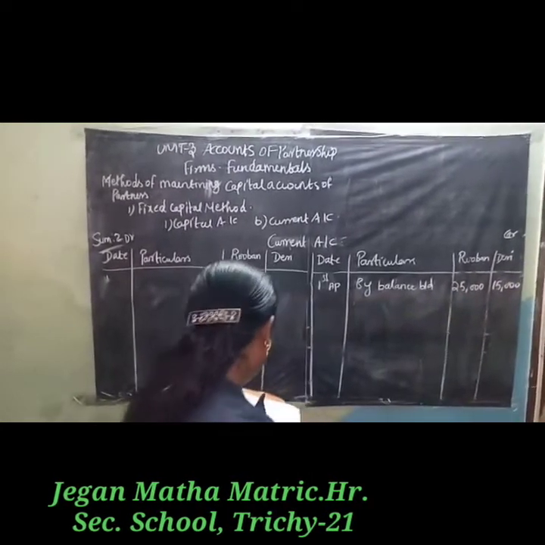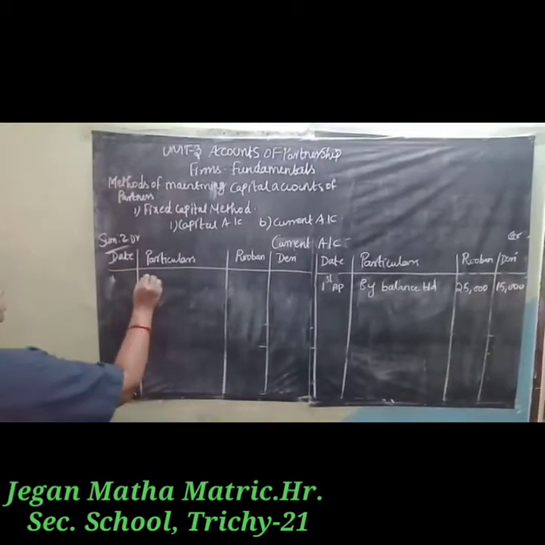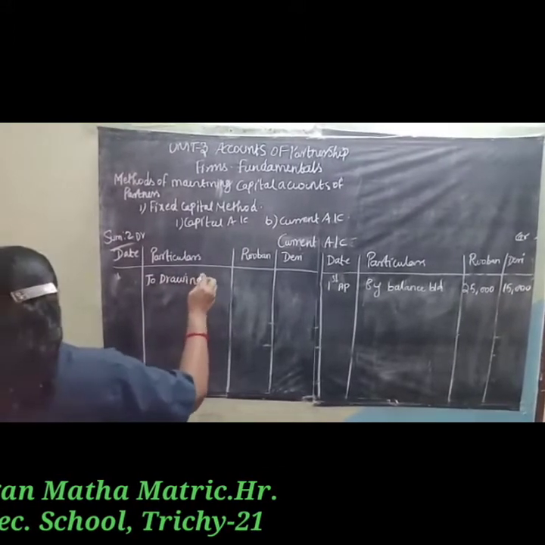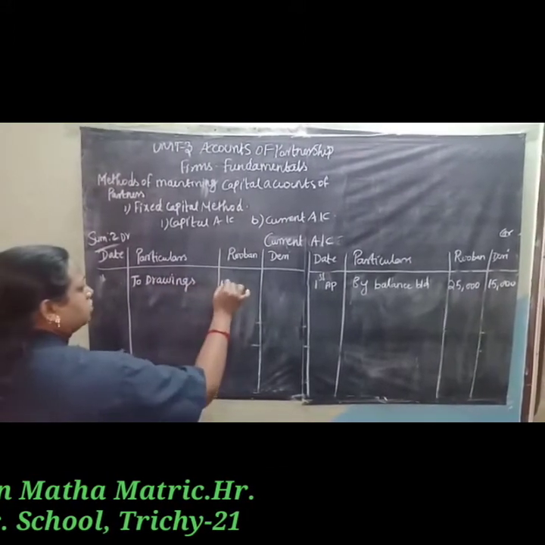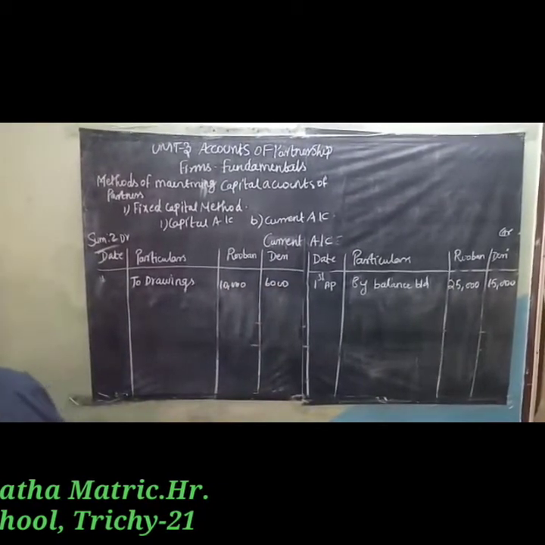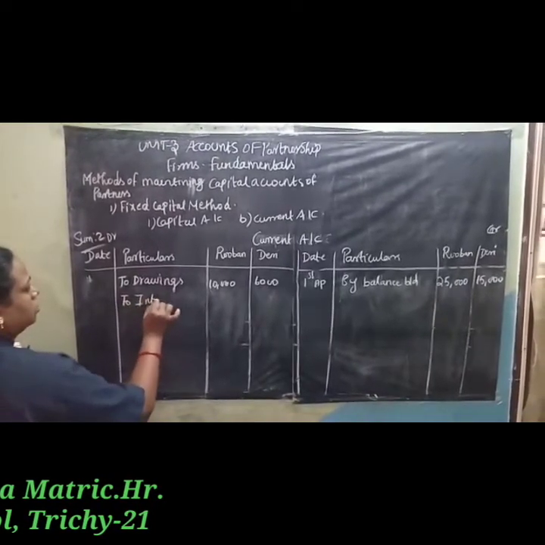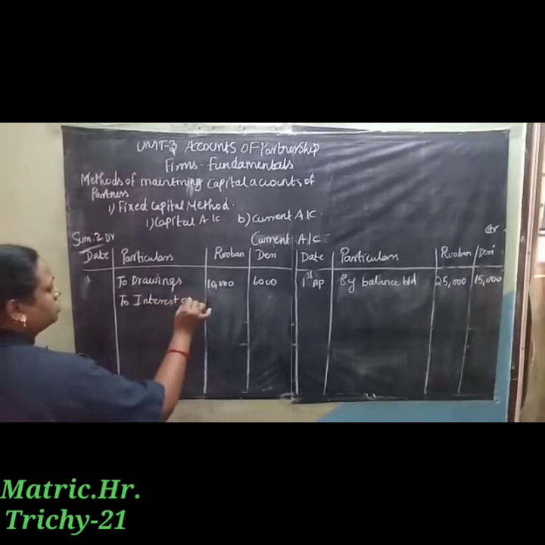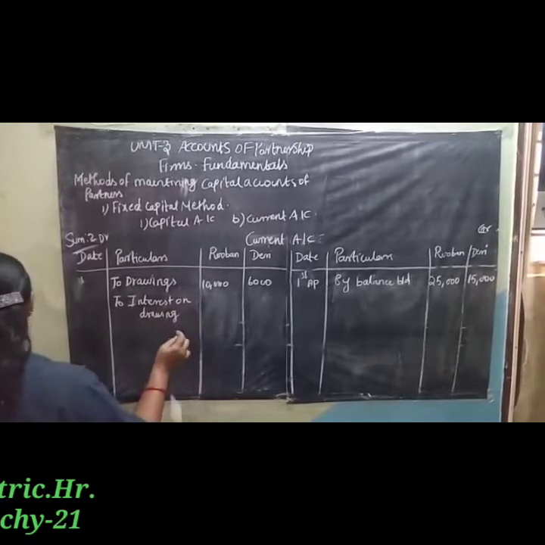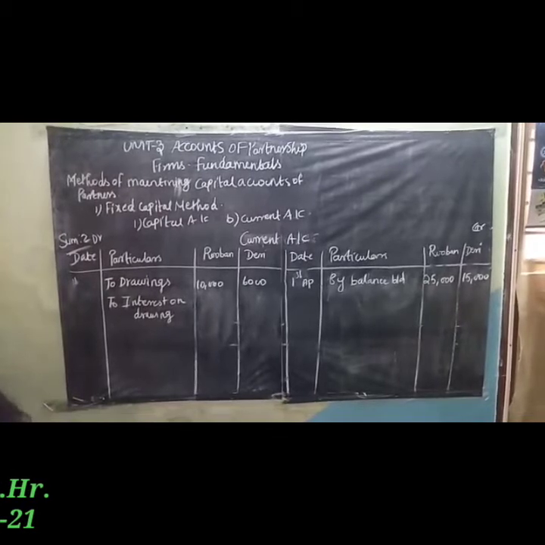Next, drawings we write on the debit side: to drawings, for Reuben 10,000, for Derry 6,000. Then next, interest on drawings: to interest on drawings, 500 for Reuben.